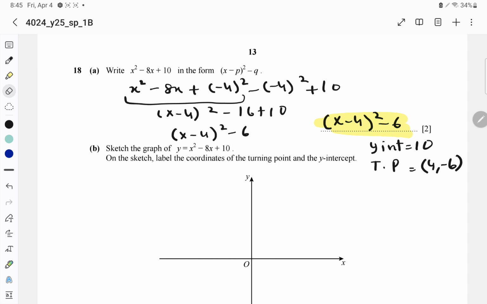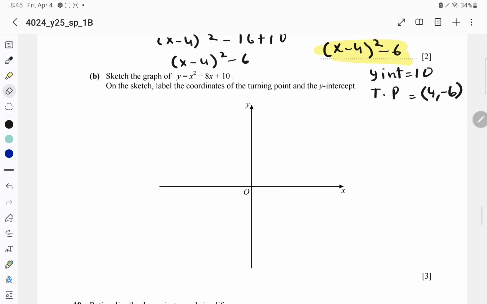Now just label 10 somewhere here, and you can write some numbers as well if you want: 1 2 3 4, 1 2 3 4 5 6, so (4, -6).